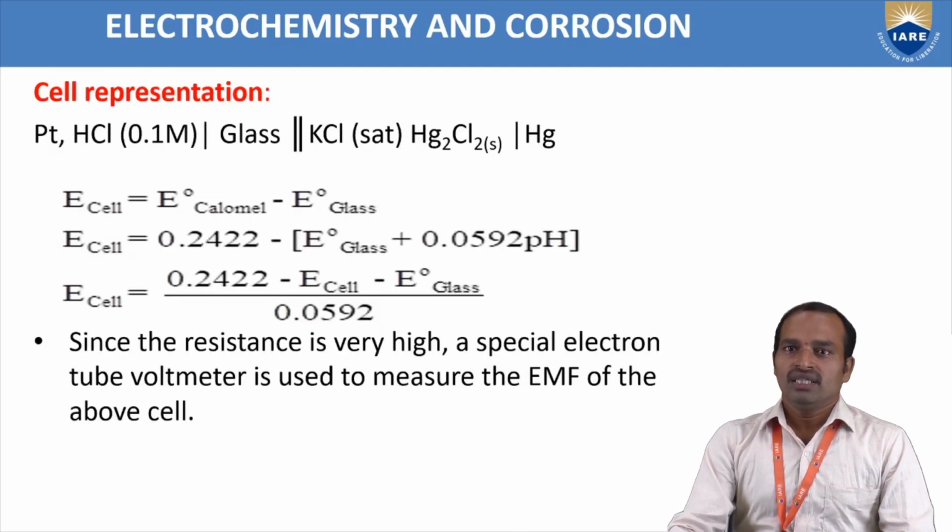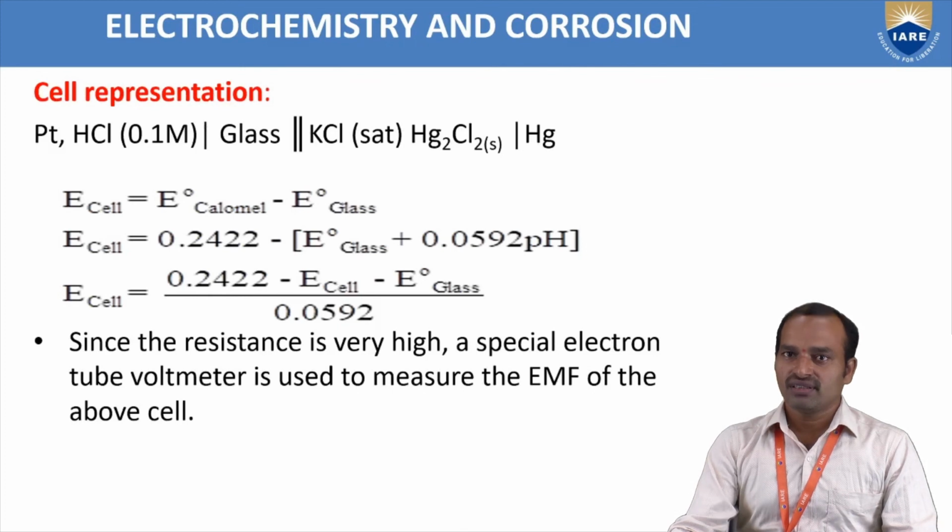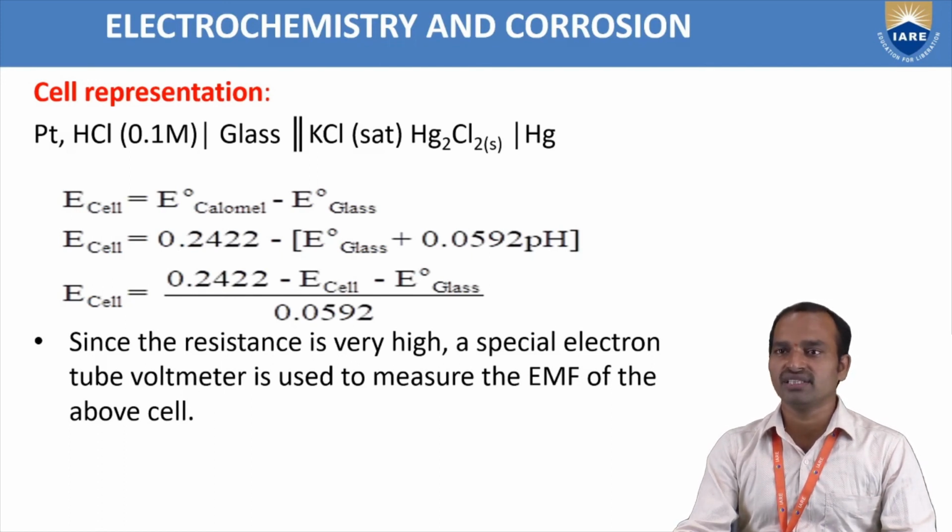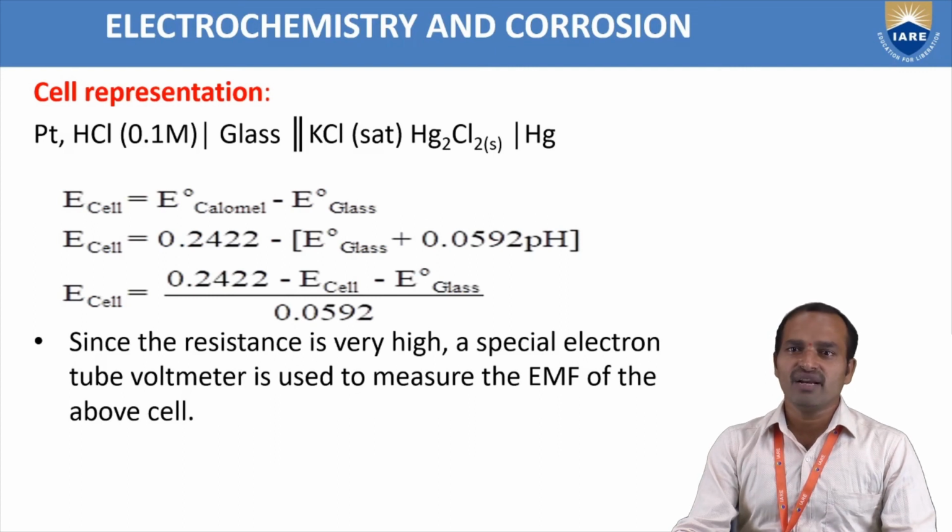The cell representation of the glass electrode is E cell is equal to E calomel minus E glass. Why? Because the calomel electrode acts as a cathode and the glass electrode acts as an anode. So E naught calomel, with the saturated KCl solution we have taken here, has a value of 0.2422.